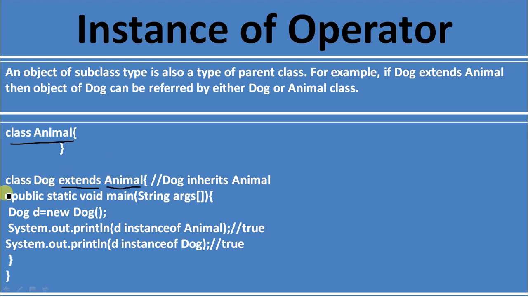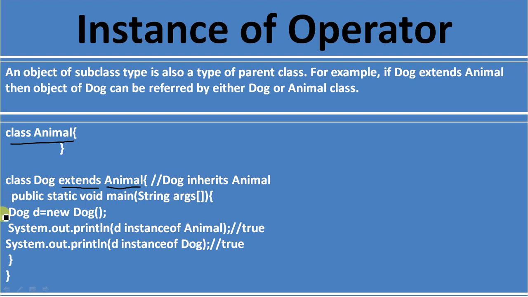In detail we learn this in inheritance, so don't worry much about that. Just for understanding the instanceof operator, I'm using this. So class Dog extends Animal. Then public static void main, which is the main method, important for running this program.